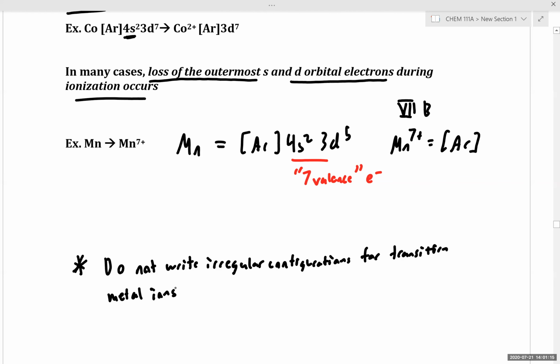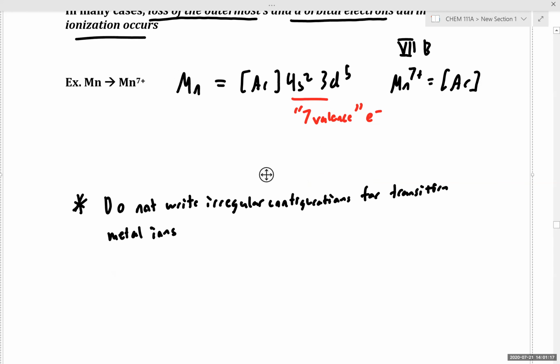Now, this may seem very tempting at first glance. For example, iron has a configuration of argon 4s2 3d6.